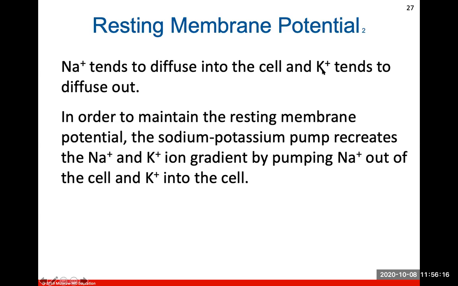And because there's more potassium at the resting point inside the cell, when potassium channels open, potassium will move out of the cell. And again, in order to maintain the resting membrane potential, the sodium-potassium pump will recreate this ion gradient by pumping sodium out of the cell and potassium into the cell.